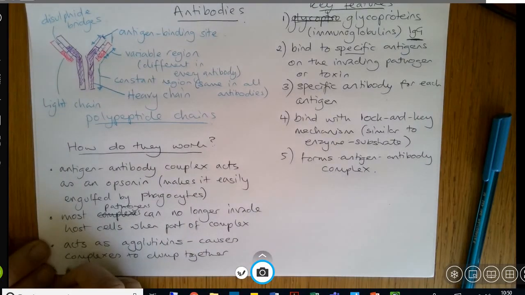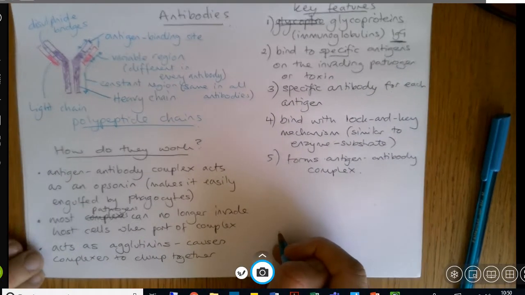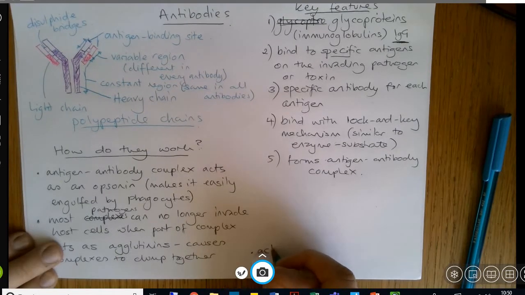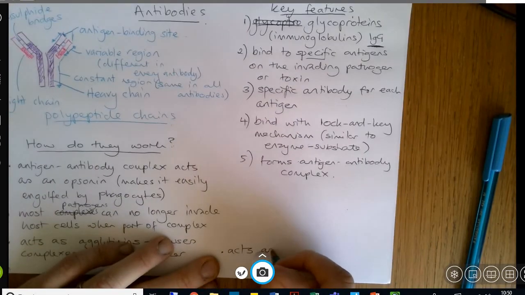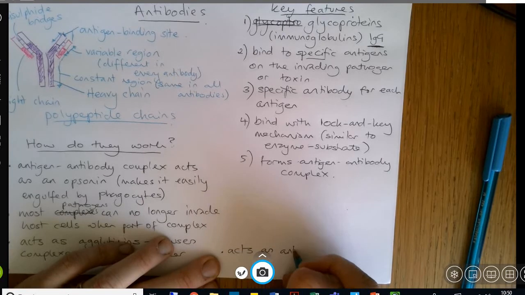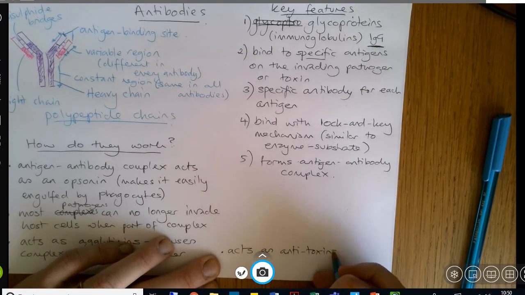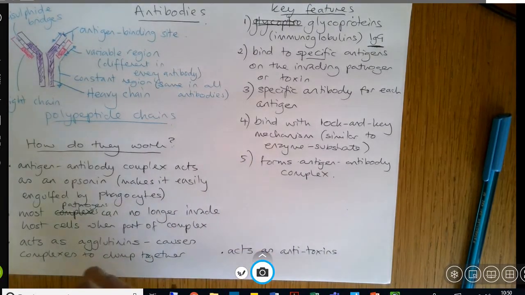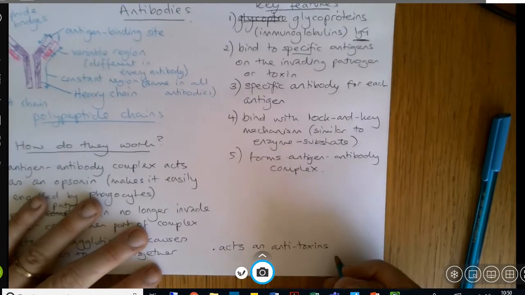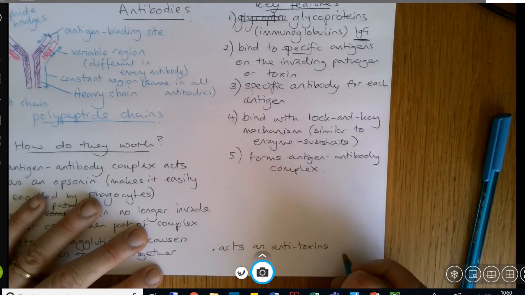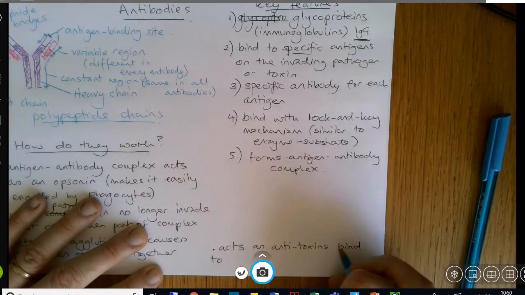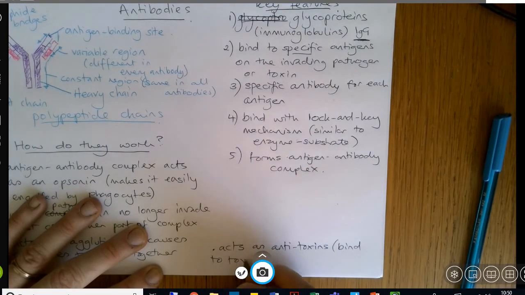And then finally, they can also act as an antitoxin. We remember that pathogens work through a number of different methods, and one of those is to produce toxins, which then go and invade host cells. So these antibodies can act as antitoxins, which bind to the toxins produced by pathogens.